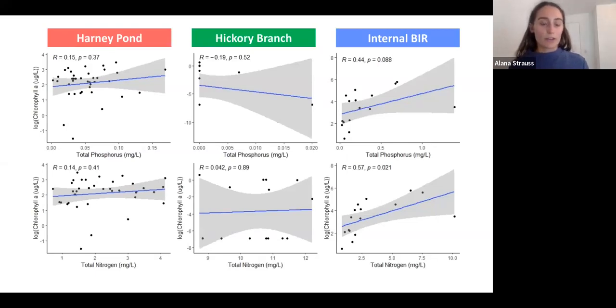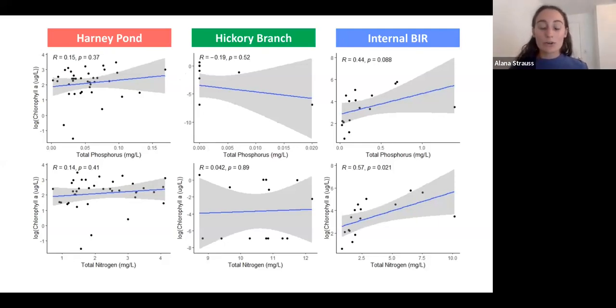If you look at the Harney Pond column, on the bottom there's total nitrogen and log of chlorophyll A, and this axis ranges from about 0 to 5, whereas the one right next to it in Hickory Branch, the nitrates in Hickory Branch, this axis ranges from about 8 to 13.